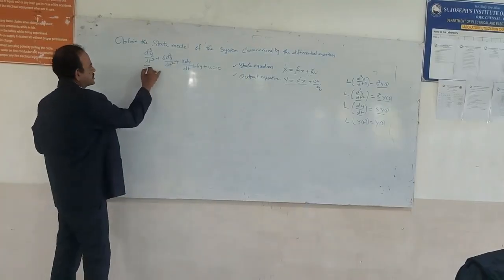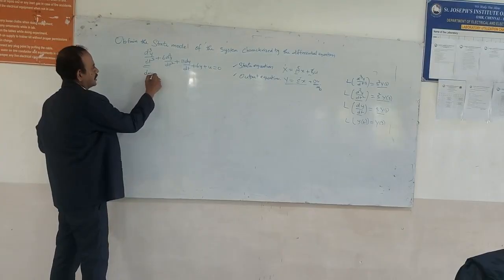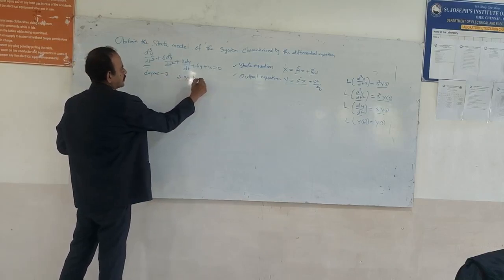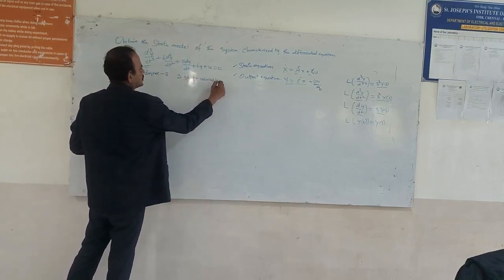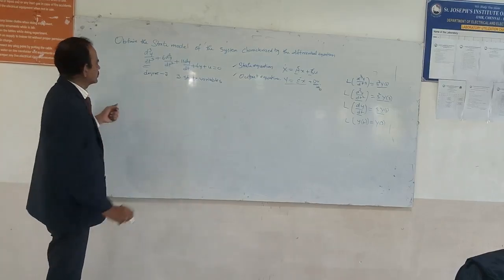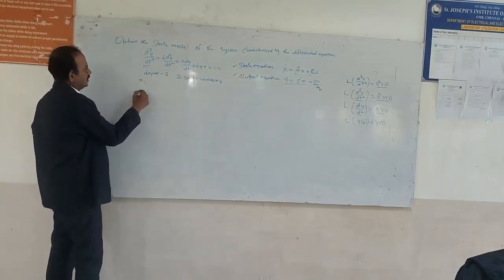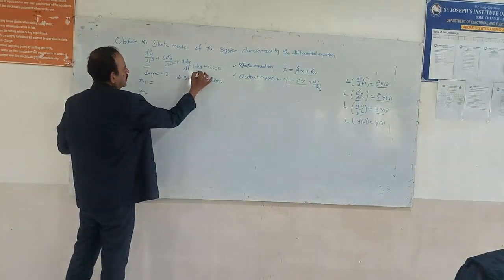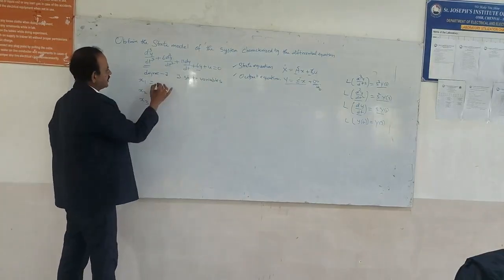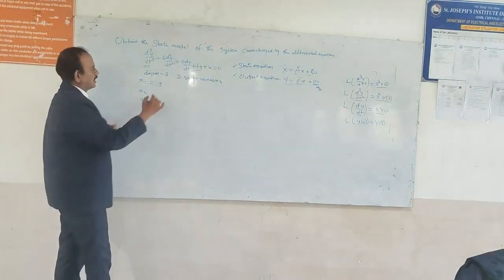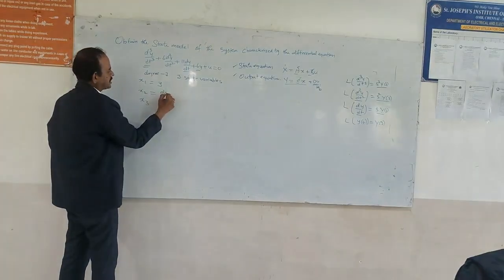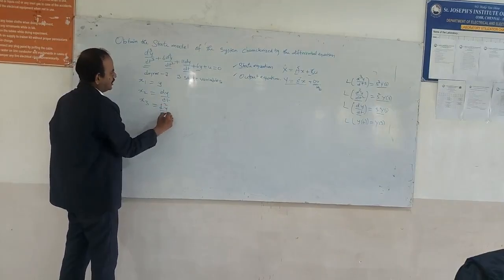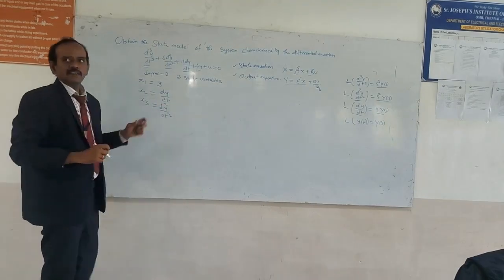Since the highest degree is 3, we can form 3 state variables, x1, x2, and x3. x1 is the lowest order variable, so we take y as the first state variable, dy by dt as the second state variable, and x3 as d square y by dt square. So these are the 3 state variables.